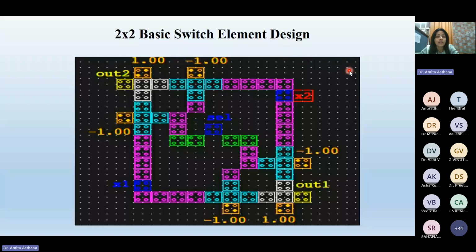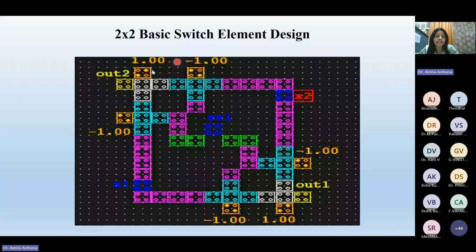So this is a particular 2x2 basic switch element design in which we have two users at the input part and two users at the output part. Here x1 and x2 are the two users, whereas out1 and out2 are the two outputs. So it's a total 2x2 switch matrix.